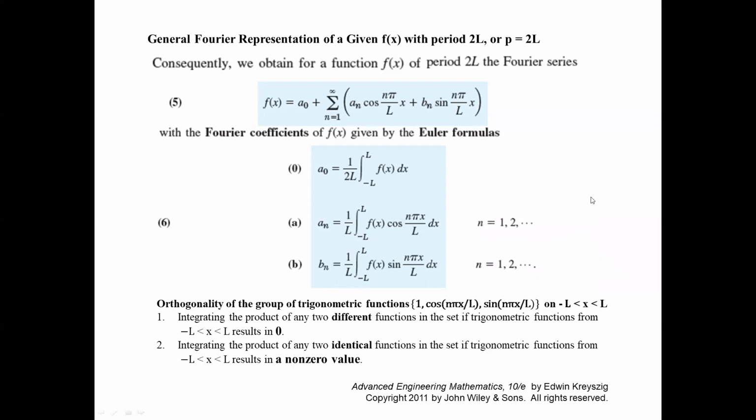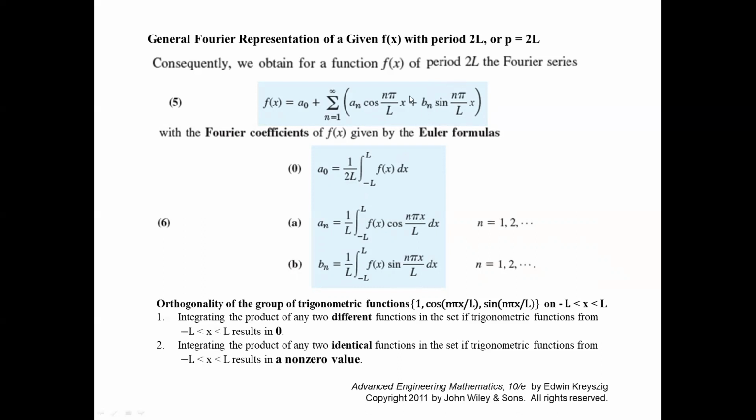The textbook has derivations. If we want to take a special case as an example, if we want to get Bn, we multiply this equation by sine n pi x over L on both sides and integrate the resultant expression from negative L to L. Most of the terms cancel out, except when we multiply the term by sine n pi x over L, we get two identical terms.